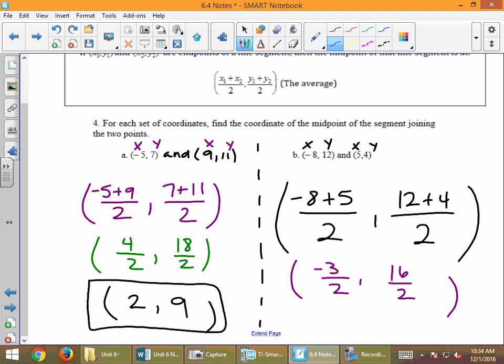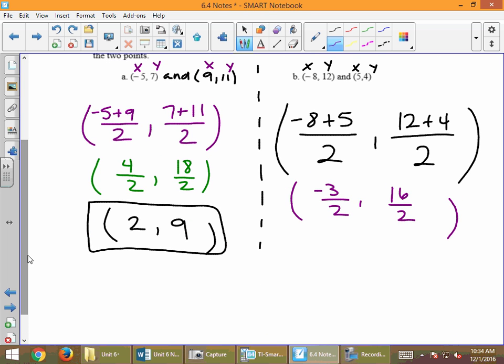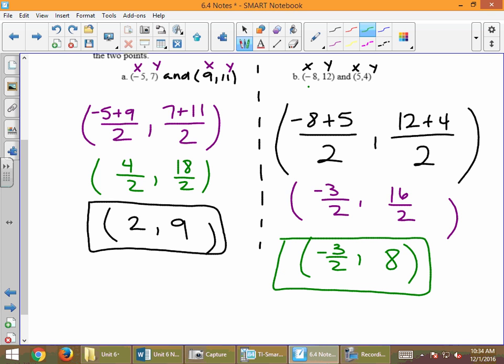Does negative 3 over 2 simplify down? Nope, so it's just going to stay that way. Just stays negative 3 over 2. If you write it as negative 1.5, that's okay. And then what is 16 over 2 simplify down to? That point is directly in the middle of those 2 points.